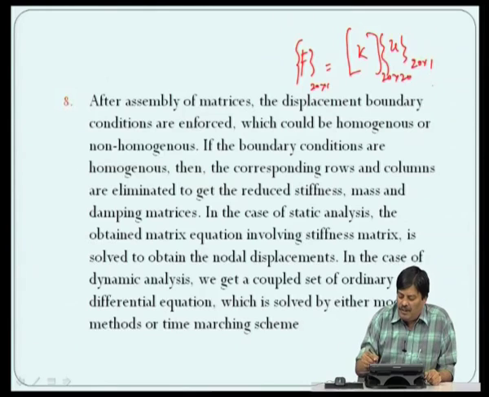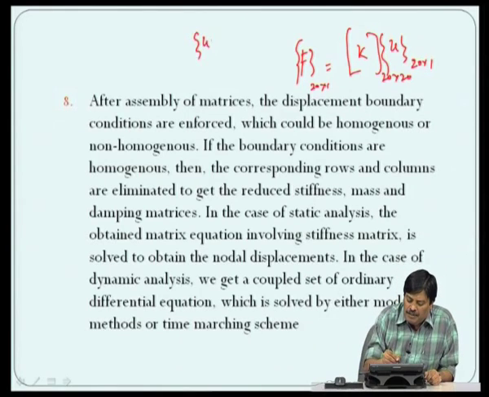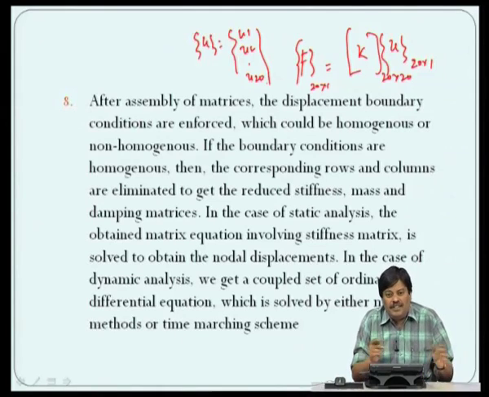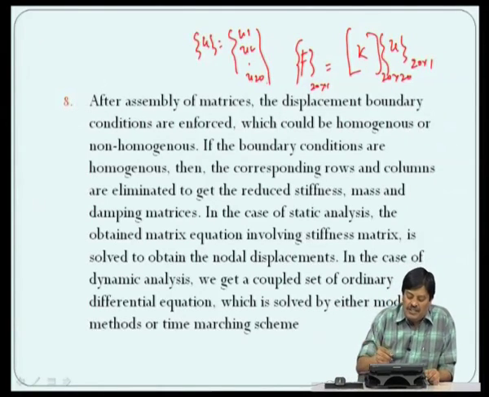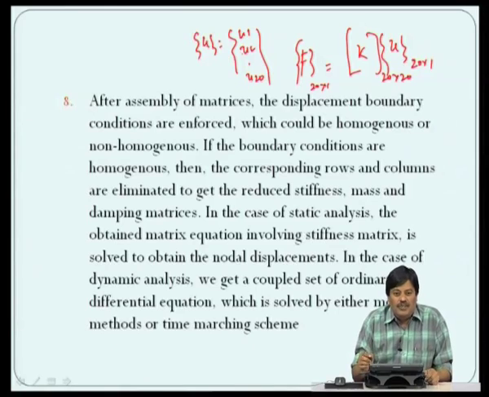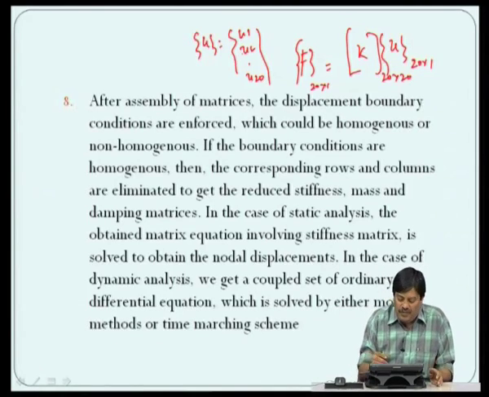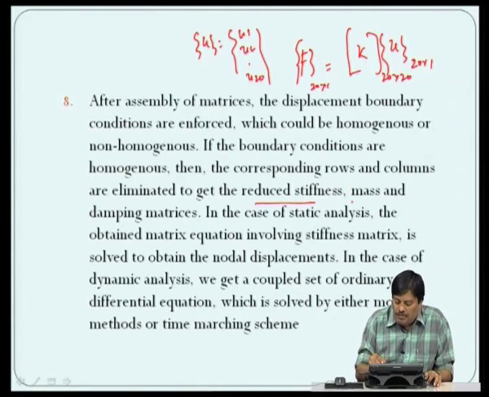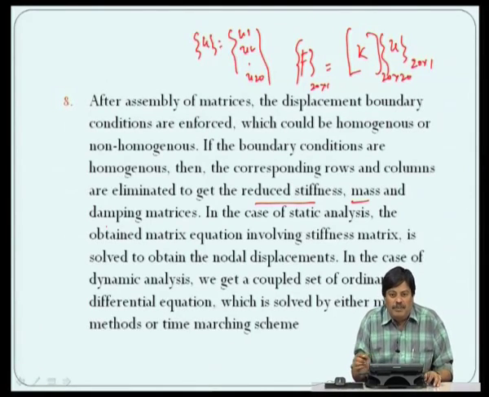Here u will have u1, u2 to u20, out of which we need to say which of the boundary conditions are known. Suppose u1 is 0, so that has to be eliminated. When we eliminate it, we get a reduced stiffness matrix, and similarly we can get reduced mass and damping matrices if we are doing a dynamic problem. Okay. Then the reduced stiffness matrix is solved for the applied loads.